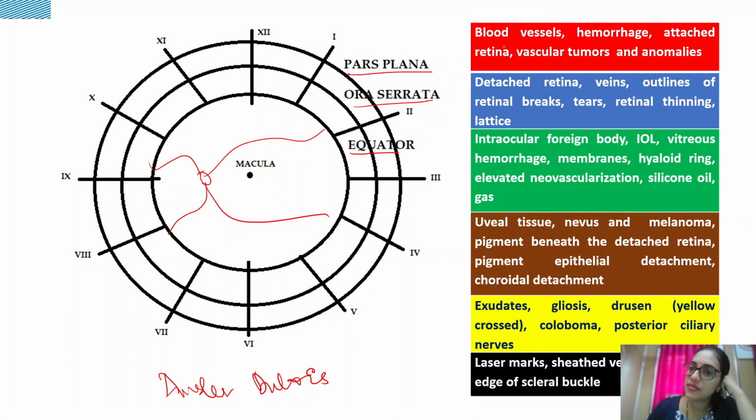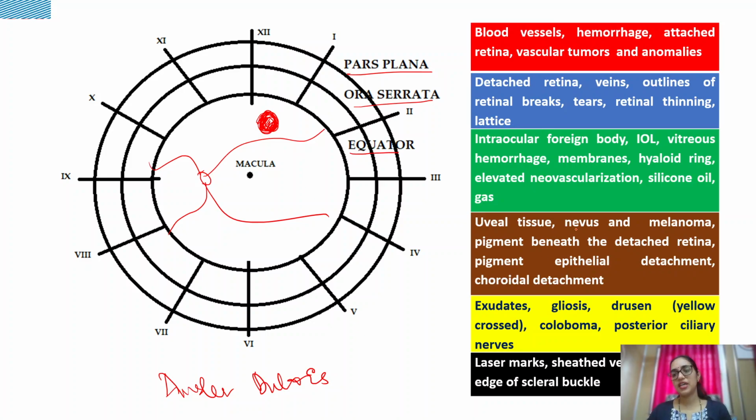Suppose you are drawing blood vessels, hemorrhages, attached retina, vascular tumors, you color them in red like that. If you're drawing detached retina, veins, outlines, retinal breaks, you use blue. Intraocular foreign body, IOL, vitreous hemorrhage, membranes, are all colored in green.